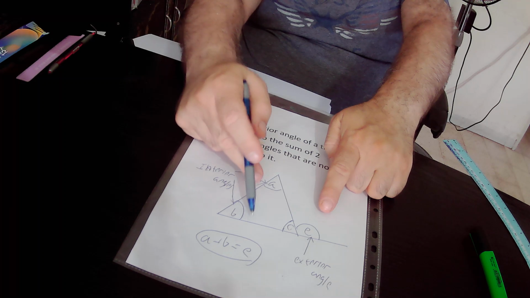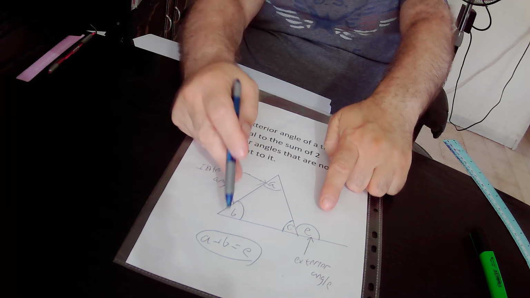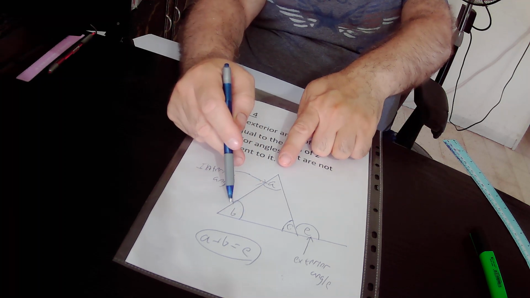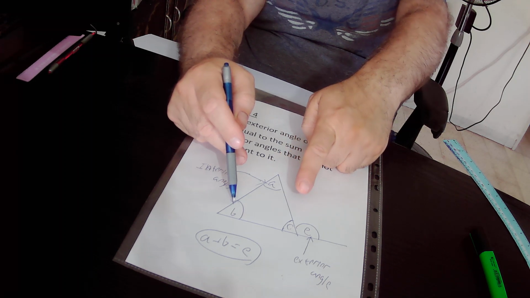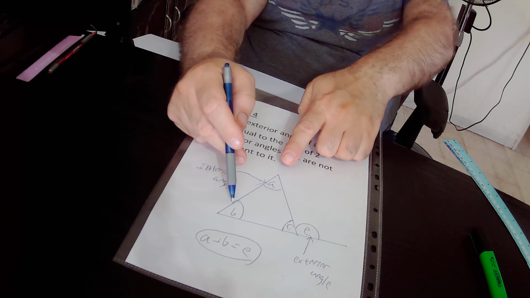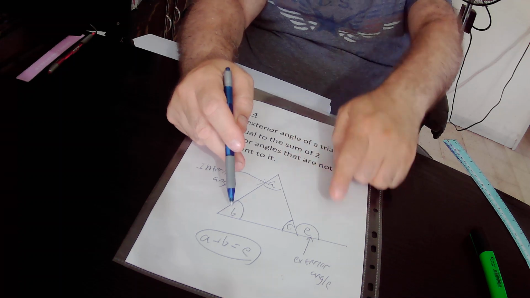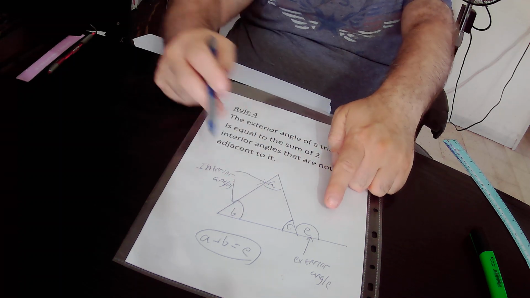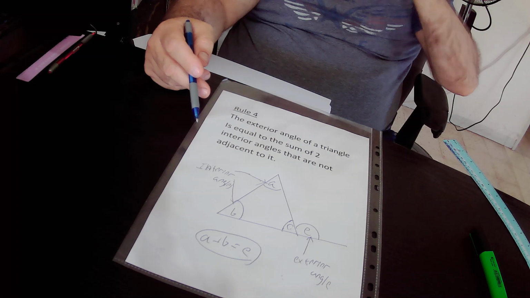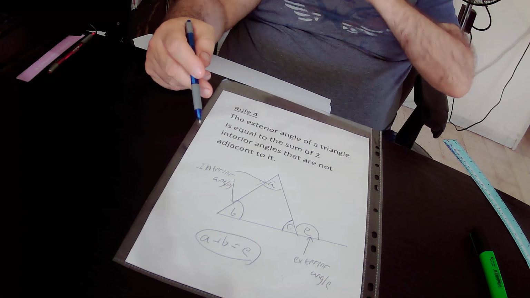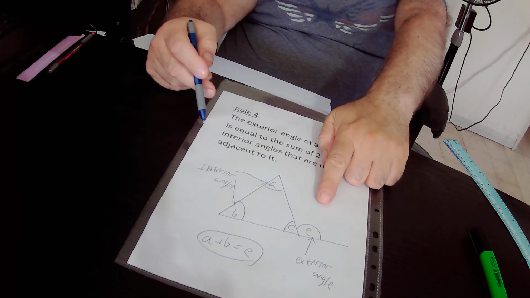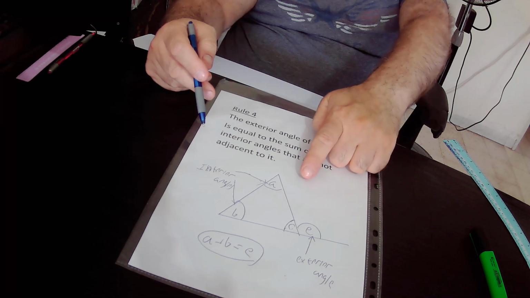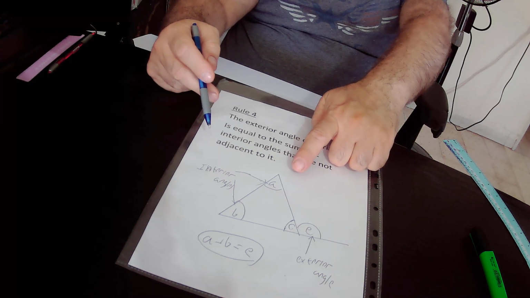Again, the size of angle E is A plus B, because those two angles A and B are two interior angles that are not adjacent to it, and the sum of those two interior angles, that is A plus B, is the size of this exterior angle, angle E. Okay, so according to this rule 4, the size of an exterior angle of a triangle is equal to the sum of the two interior angles that are not adjacent to it.